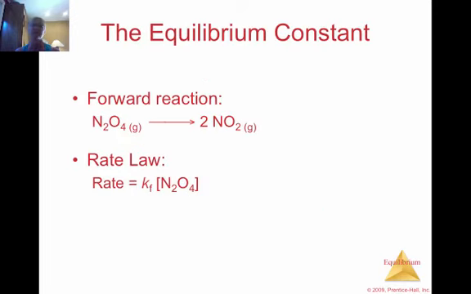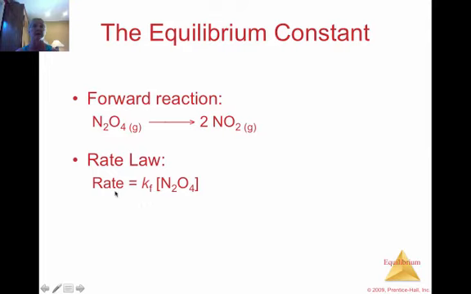Now here are some formulas that we haven't seen yet because this chapter assumes that we've done rate laws, but I don't need you to worry about it too much. Our forward reaction of the dinitrogen tetroxide turning into NO2 can be expressed by something called a rate law. We'll learn about those in another chapter.